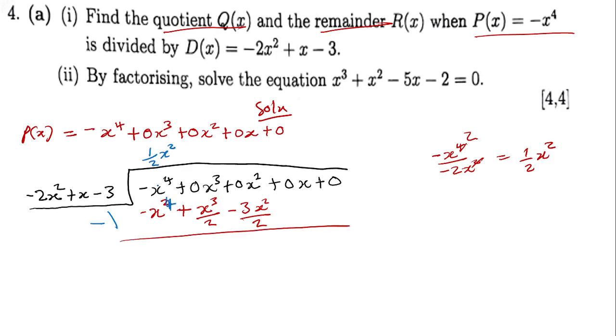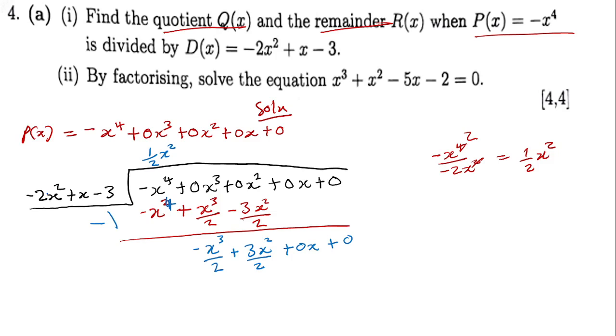Then this minus that is simply going to be negative x cubed over 2, and then this and that will be plus 3x squared over 2, and then these guys will simply be plus 0x, then plus 0. They will come down. Once I'm done with that, I'll once again divide this guy into that guy.